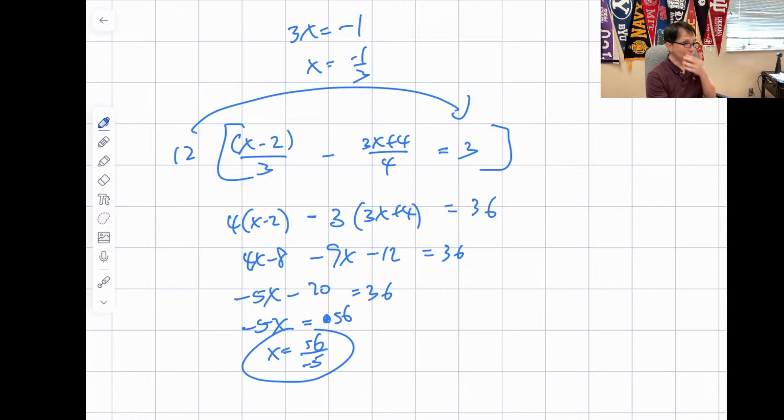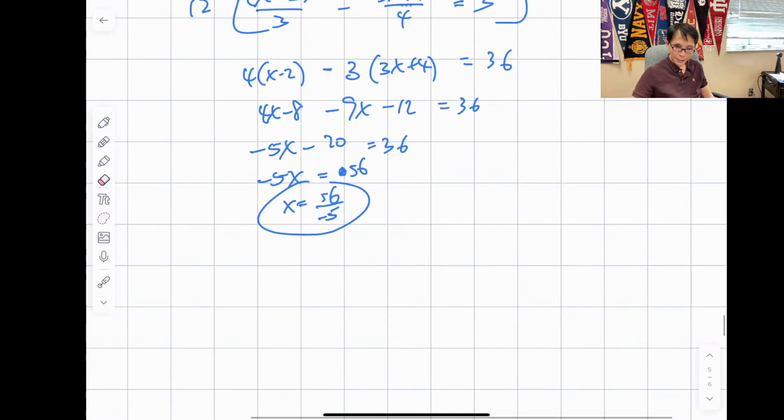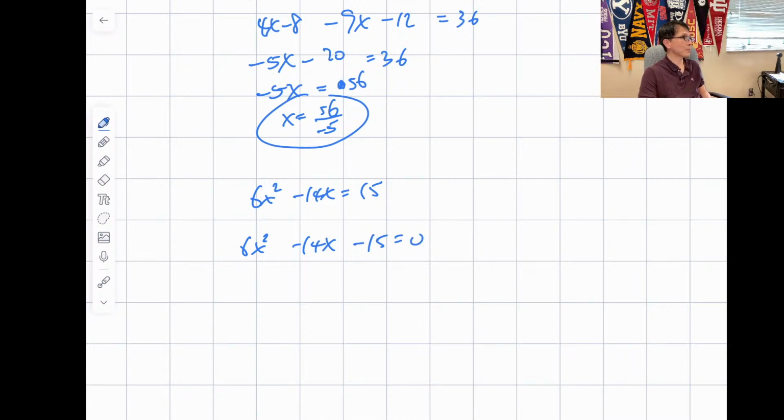This is how much work I will show. Now, this is the one where the answer is wrong. So 6x squared minus 14x equal to 15. I'm going to do 6x squared minus 14x minus 15 equal to 0. Now, I'm going to try the box method first. And the box method doesn't work.